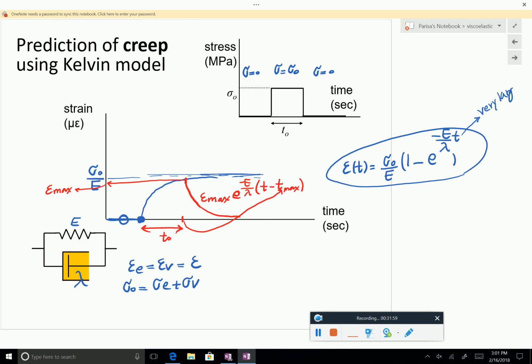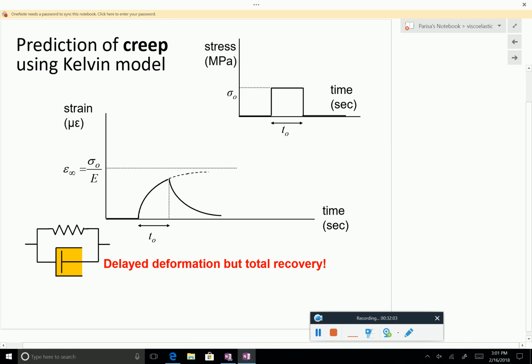I have a more beautiful plot which looks like that. This is important that you understand what happened. So it approaches at a very long time. This infinity sign means if you are very patient, the sigma 0 over E. But if you unload, it's going to go back exponentially.